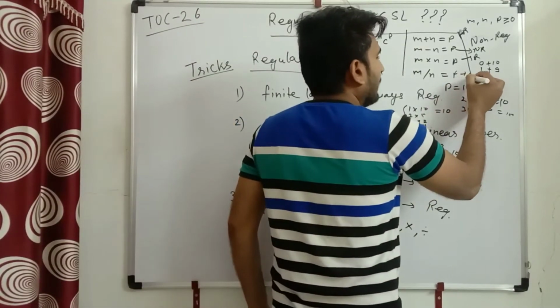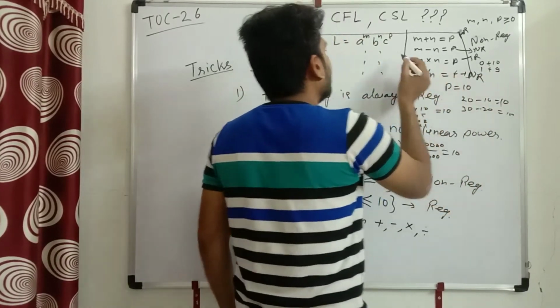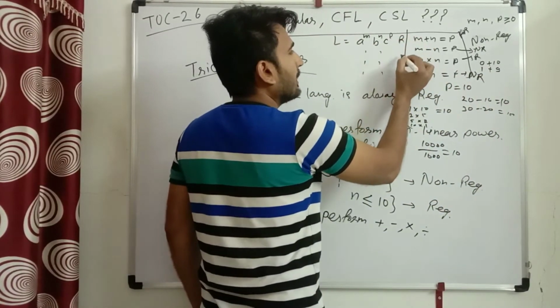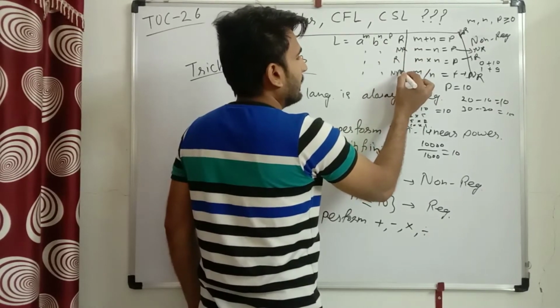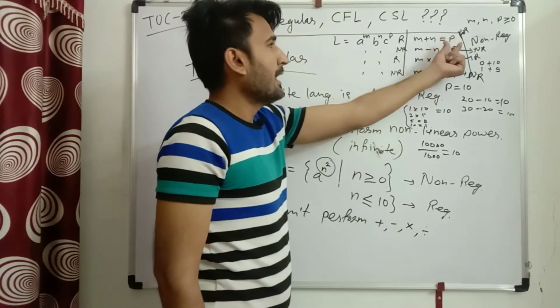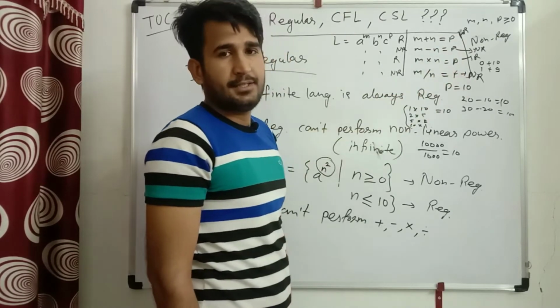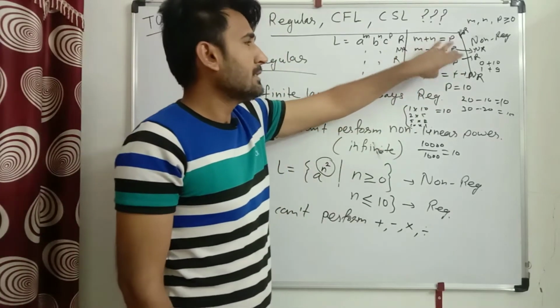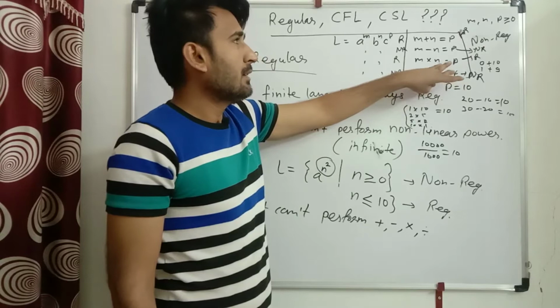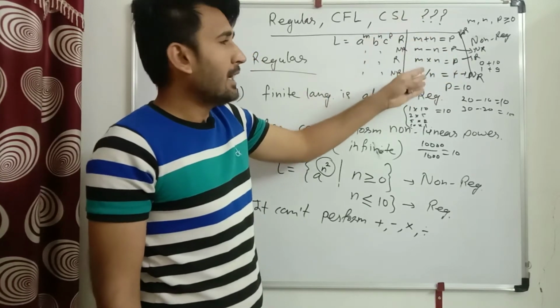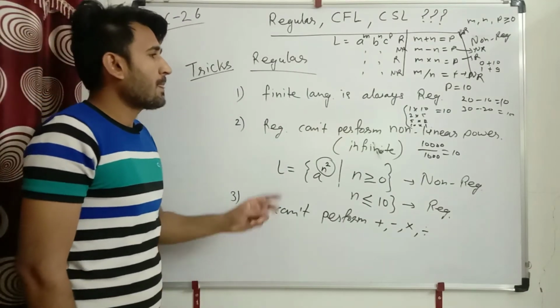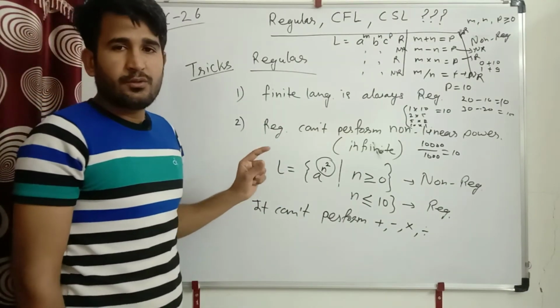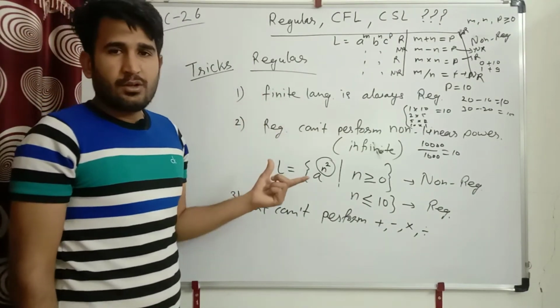So this is non-regular. So for p equals 10, this is regular, this is non-regular, this is regular, this is non-regular. If p is variable, then all are non-regular languages. I request all of you to please note this down.